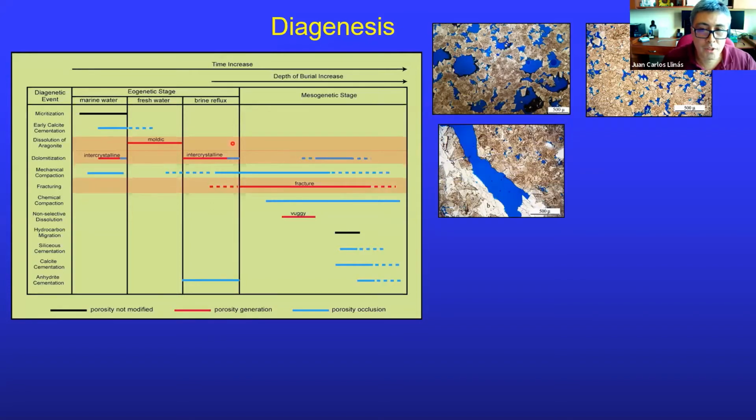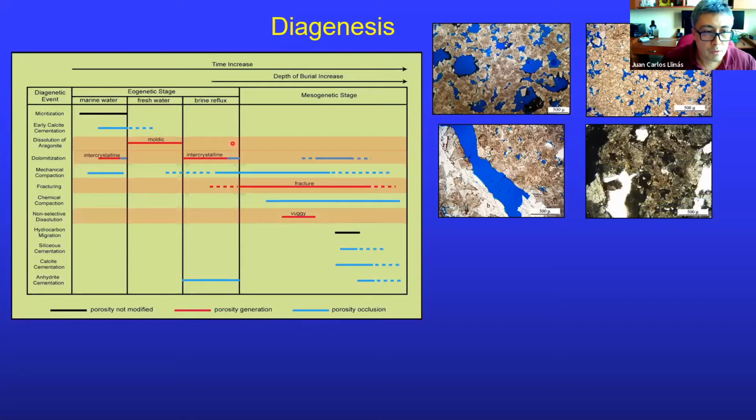And we have fracturing associated mostly to the tectonics and the subsidence of the stratigraphic section. We have also non-selective dissolution, probably related to active hydrothermal fluids in the pore space or organic acids related to early hydrocarbon maturation stages.